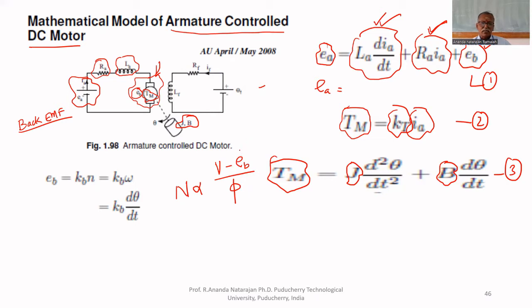So any change in the applied voltage, that is VA or EA, will change the speed, directly proportional. If you want to control the speed of this motor, you can simply adjust this applied voltage.